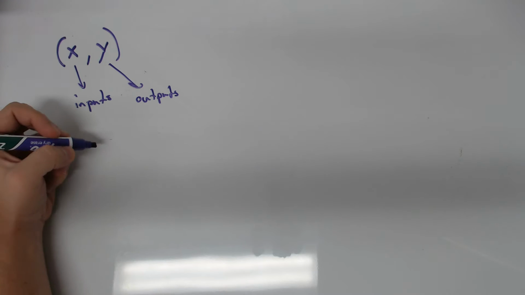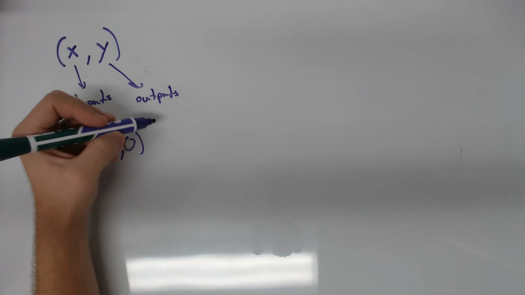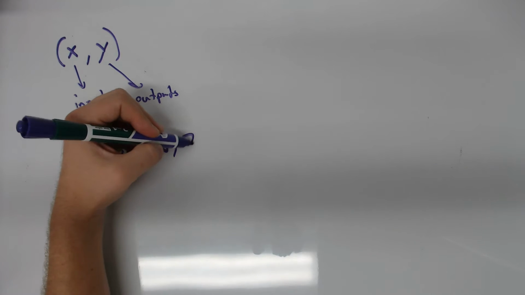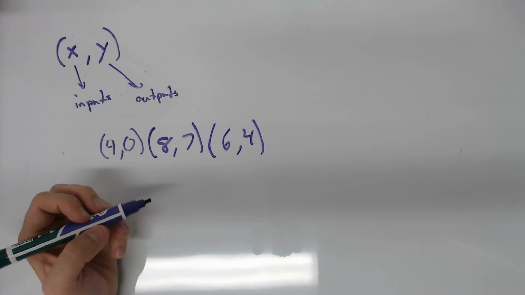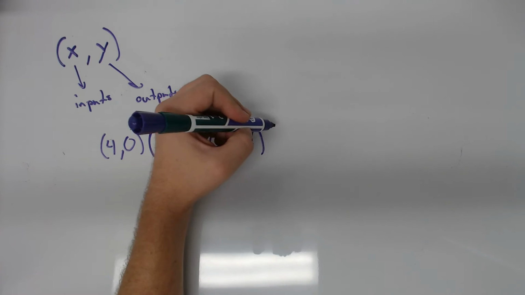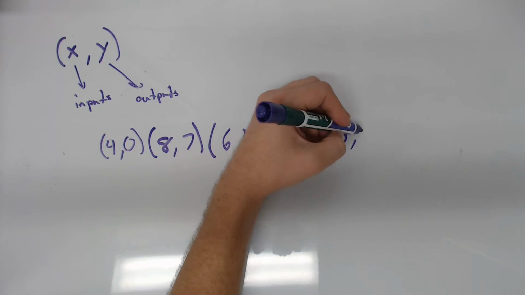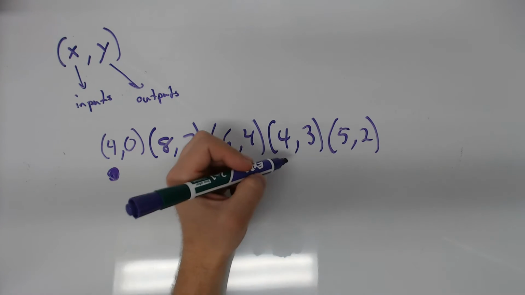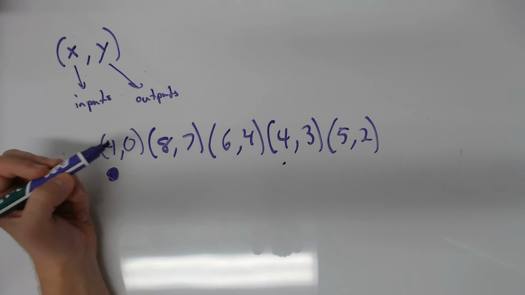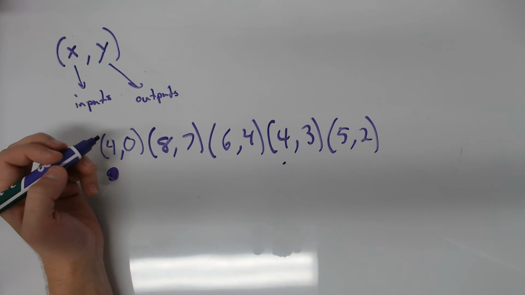Next problem. It's going to look very, very similar. Now we've got 4, 0, 8, 7, 6, 4, 4, 3, and 5, 2. So let's look. Do I have any other 4's? No, no, yes. Do the y values match? 0 and 3? Nope.